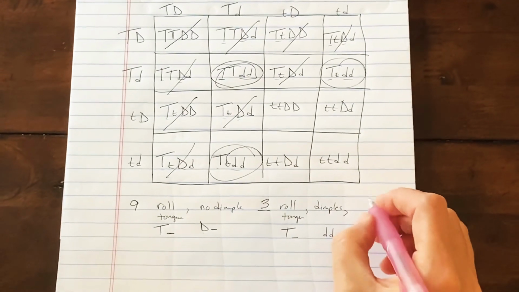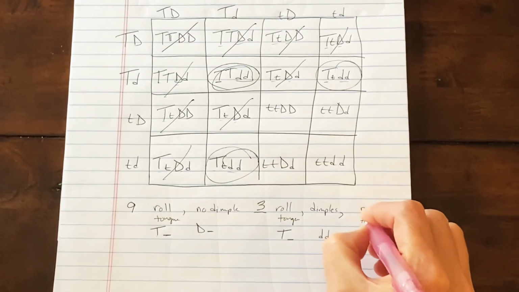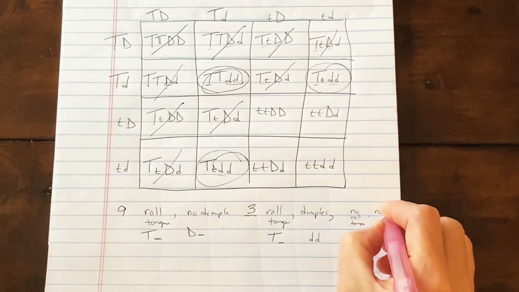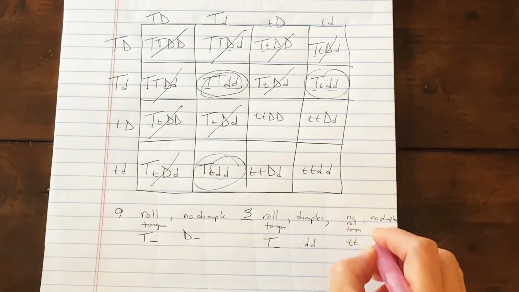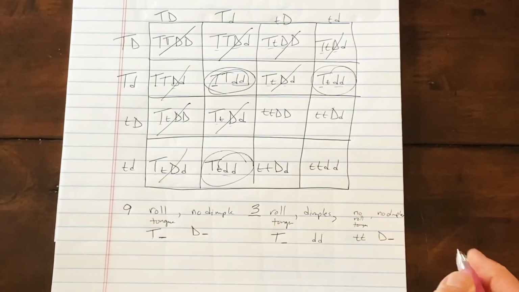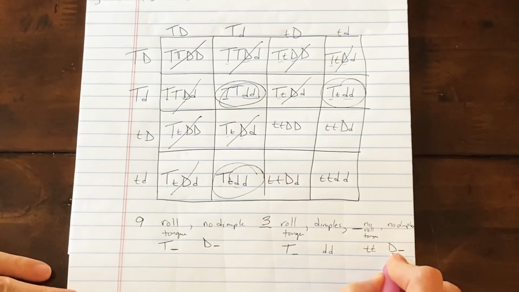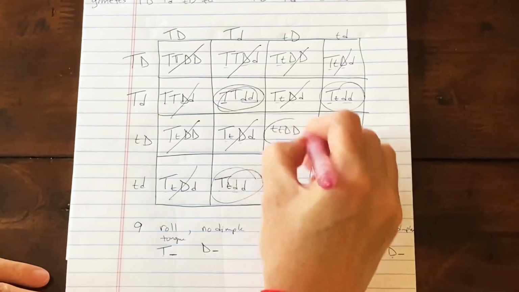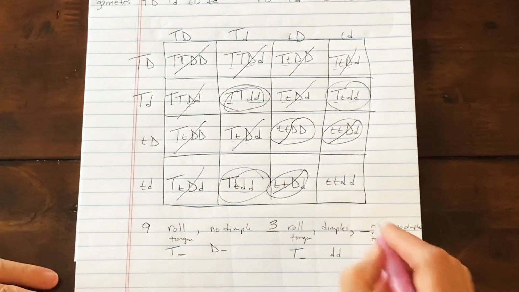The next possible combination is no roll tongue and no dimples. So no roll tongue, they have to have 2 little t's, and no dimples, at least one big D, and the other one can be a big D or a little d. So we'll count how many of them have 2 little t's and at least one big D. So there's 1, 2, 3.